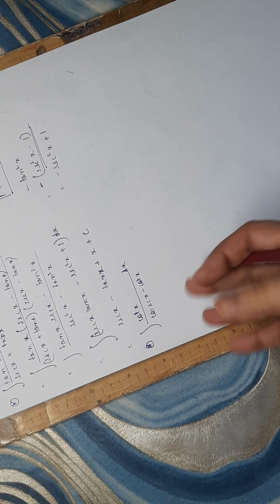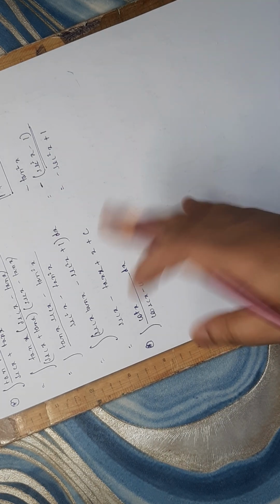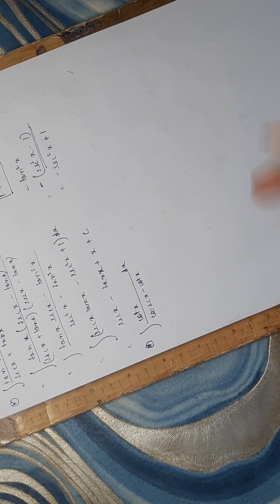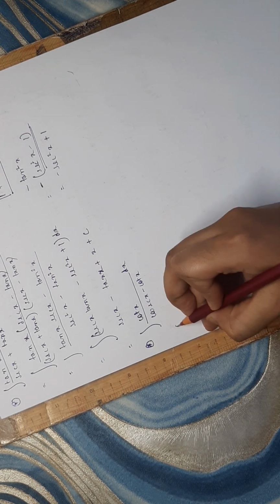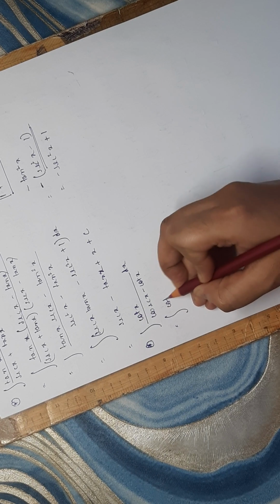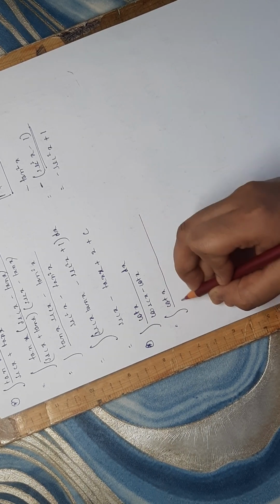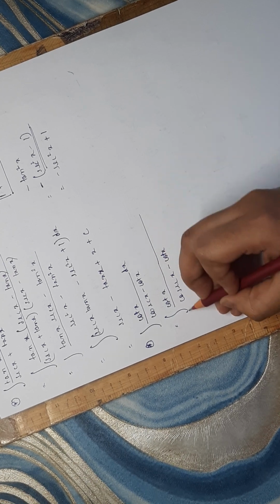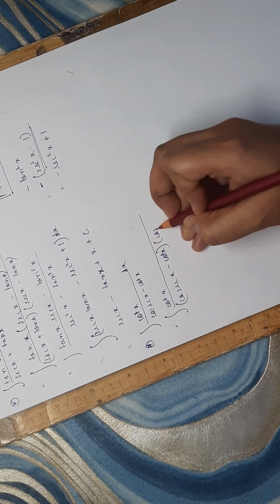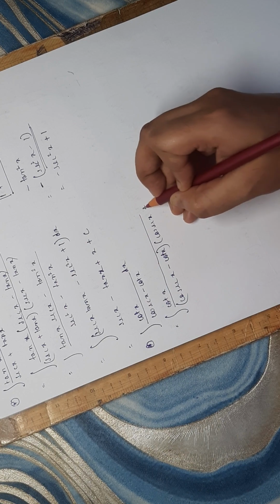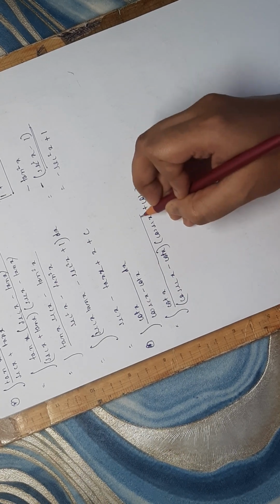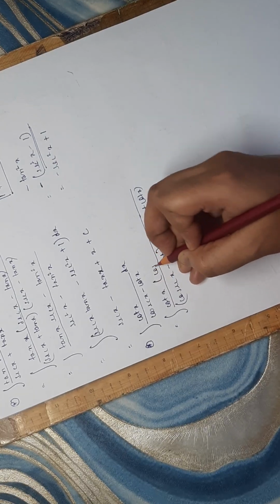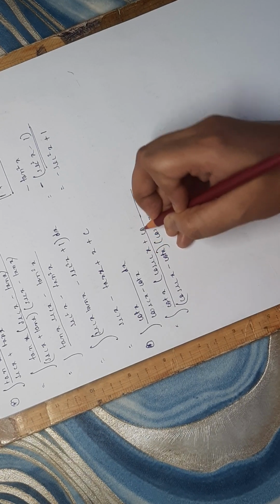So now similarly, as I told you, whenever you see any of these kinds of configurations, go with the exact manipulation that I taught you in the last problem. That is, in the denominator, you have to multiply by a cosec x plus cot x, and in the numerator you have to multiply by a cosec x plus cot x.